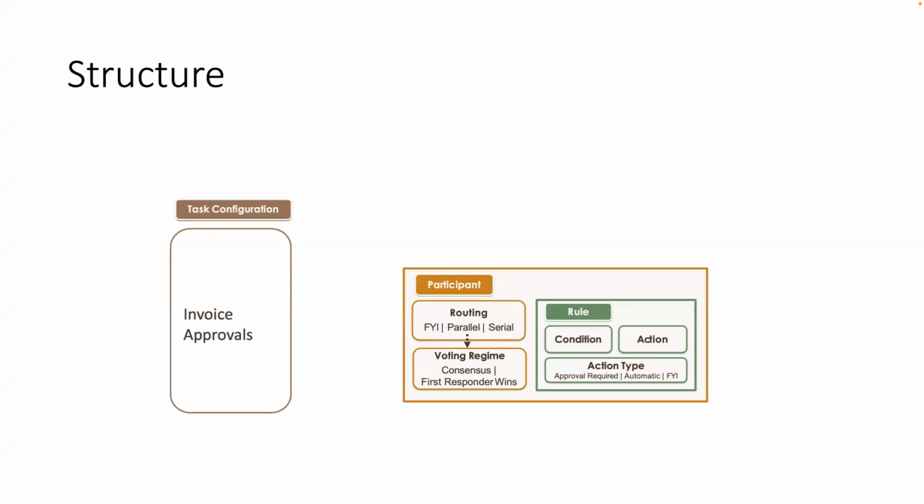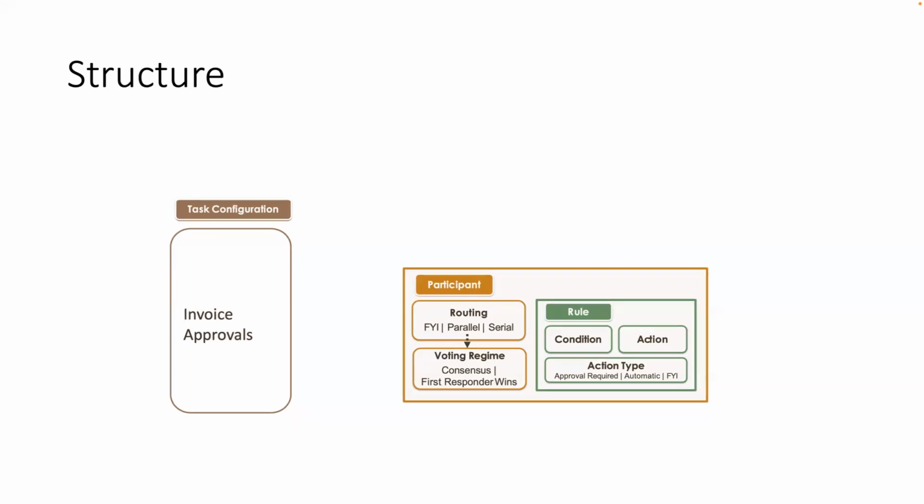If I send a notification to a group of people and the task is single, then I'm expecting one person in that group to act on behalf of everybody. Or I can say I want everybody in the group to act on it.